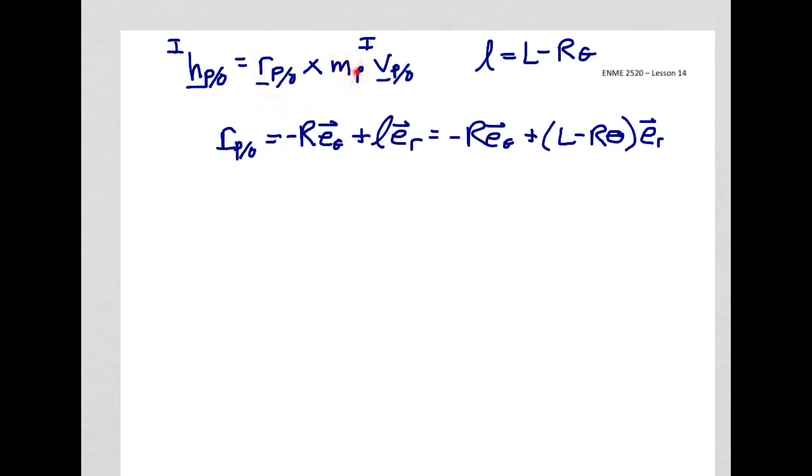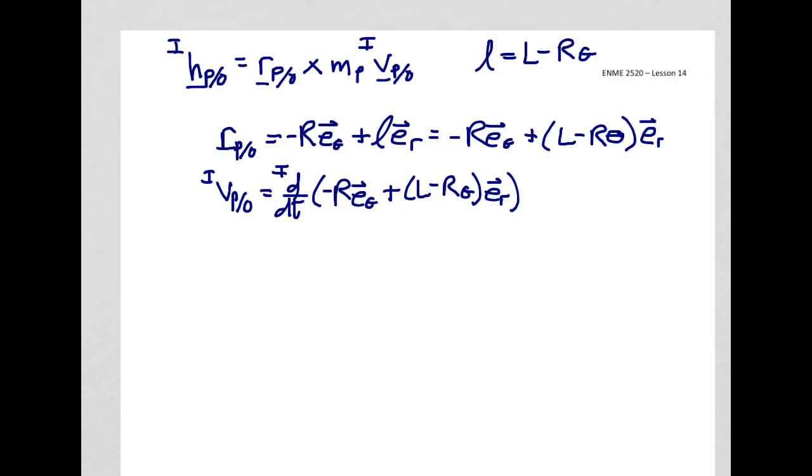We know our mass, so now let's calculate our inertial velocity. The inertial velocity of point P with respect to O is going to be equal to the time differentiation as observed in the inertial reference frame of the entire expression, where it's negative R in the e theta direction plus L minus R theta in the er direction.